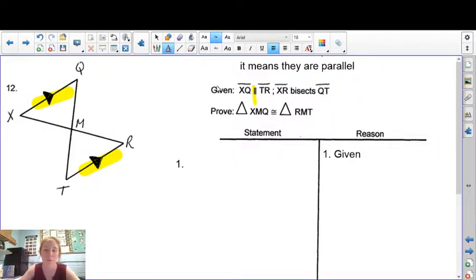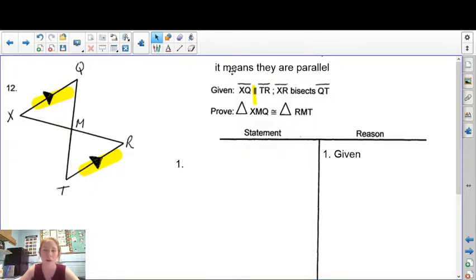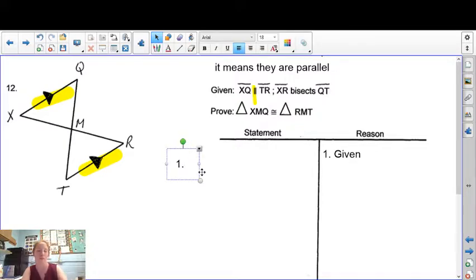It means they're parallel. So we're going to have to recall all of our knowledge of parallel lines with this problem. But again, it's already given to me, so it's drawn in and written, so it's the exact same piece of information. So I only need to write it once.